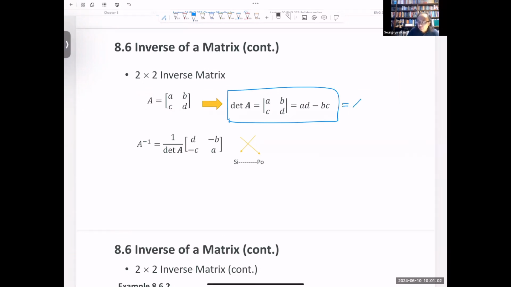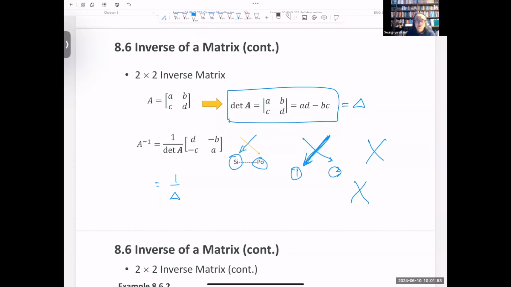I'm going to call this determinant delta from now on, the Greek letter D. So 1 over delta, and then we're going to use SIPO. When you write X, you do this one first, and then the second one.